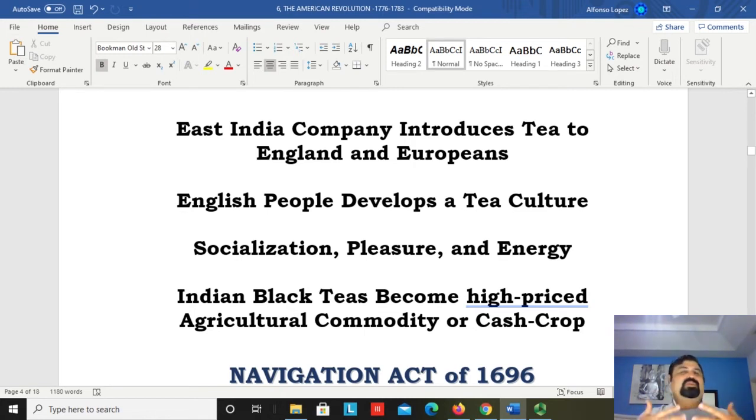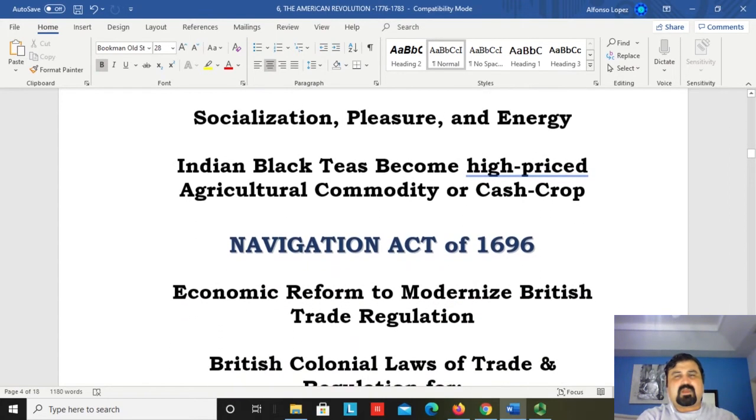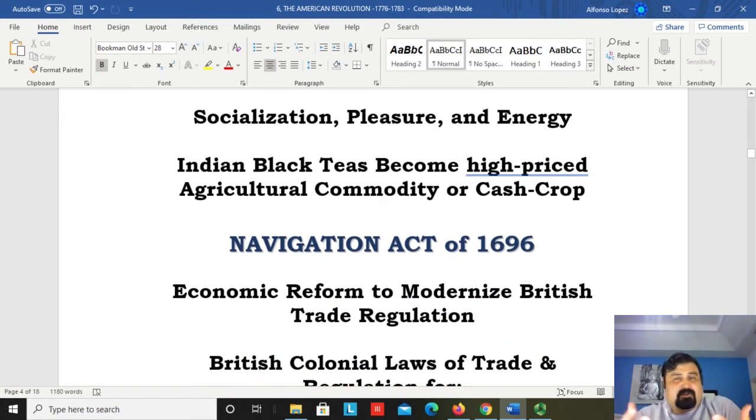So we see a tea culture on the rise that was very, very visible in Great Britain, but we're also going to see that in North America, particularly in New England. In New England, there's also going to be a tea culture on the rise. This is the stronghold of the Puritans, and likewise, the Puritans use tea for partying. There's a tea party, for example, as well.